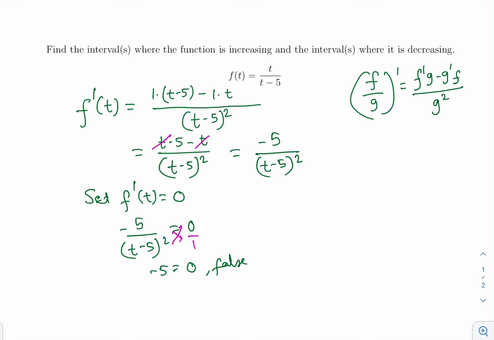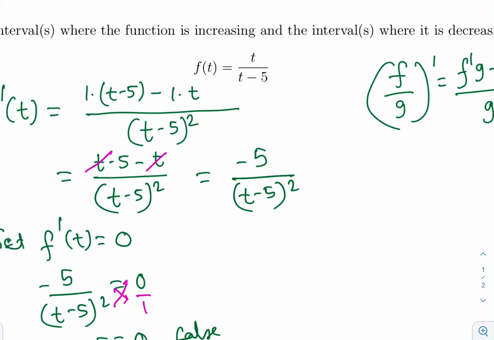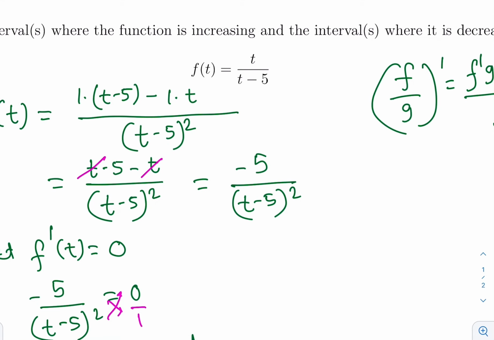If we look at the function itself, t over t minus 5, what is the domain? The domain is all real numbers except those that make the bottom 0. So t equals 5 makes the bottom 0. So all reals except 5.